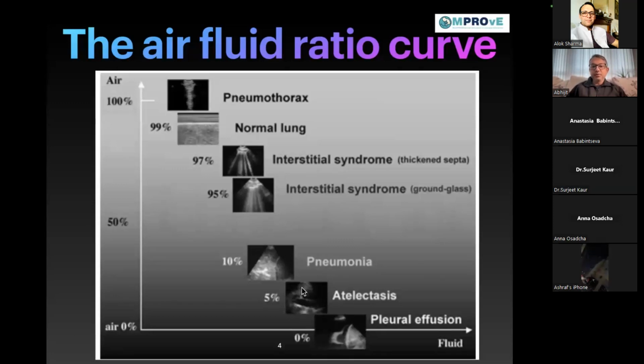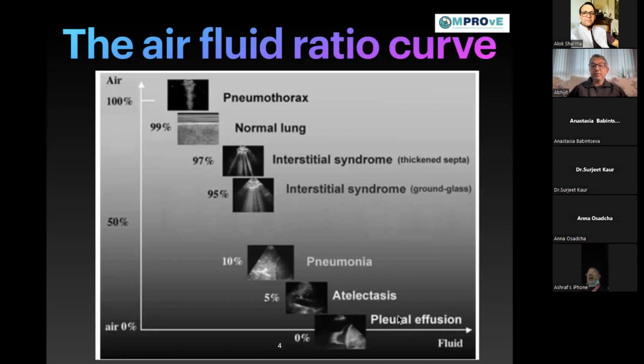You start adding more fluid, and in atelectasis, there is complete collapse of the alveoli. That's the definition of atelectasis. You're just left with 5% of air. And now, when you have pleural effusion, parapneumonic effusion, or pleural effusion because of some other pathology, the baby, sorry, the hydropic baby is what I mean.